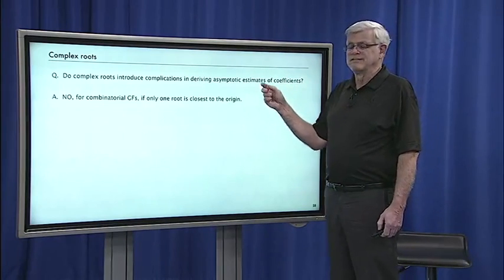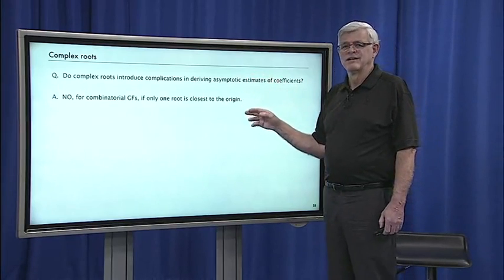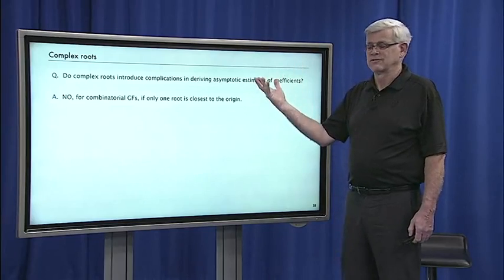But fortunately, for combinatorial generating functions, it's very often the case that there's one root that's closer to the origin than all the others.